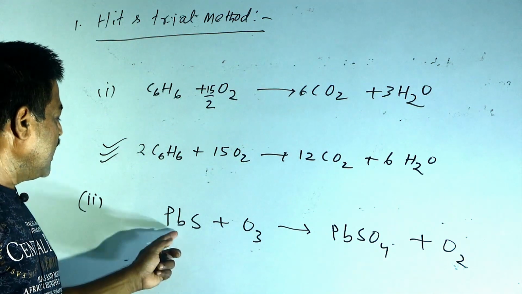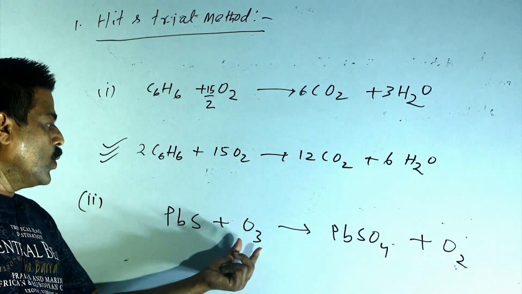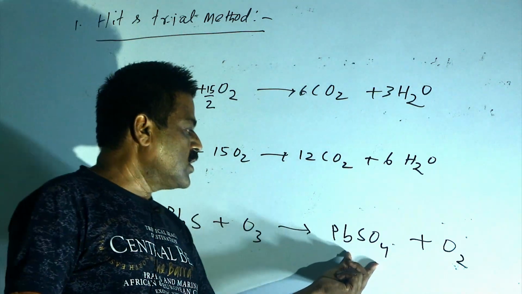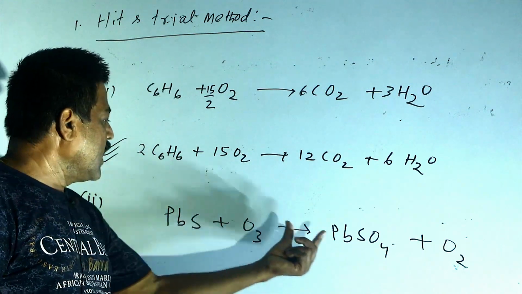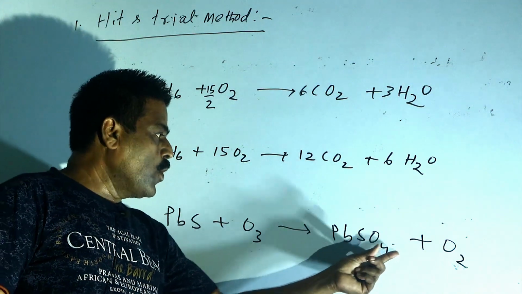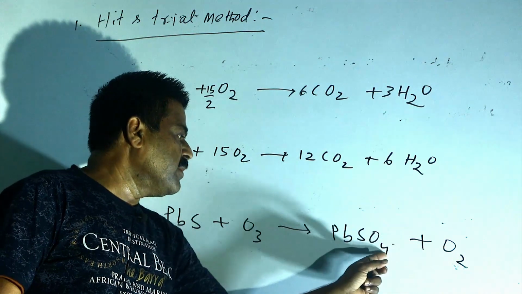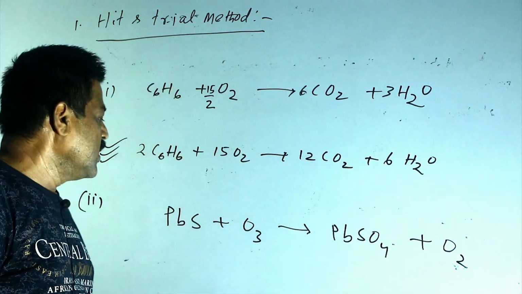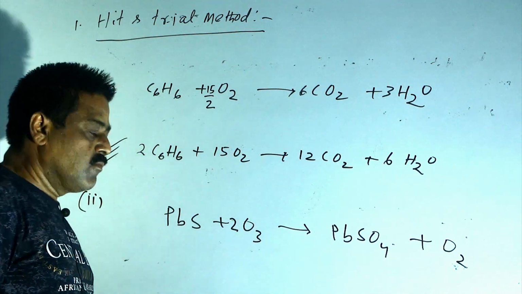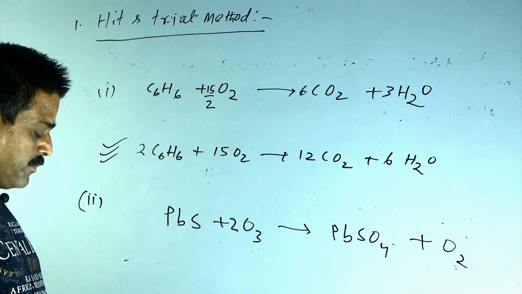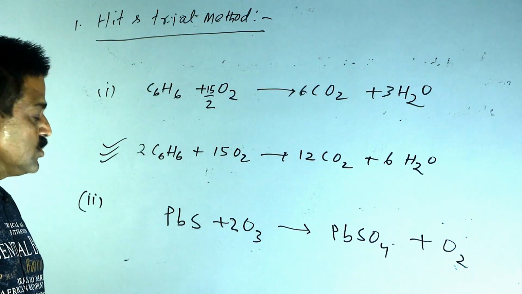Here PbS, lead sulfide, and ozone give lead sulfate and oxygen. Here PbS is there, again PbS is there. O4 and O2 altogether become 6 oxygen atoms. Here is 3 oxygen atoms, so simply multiply by 2 here to give 2O3. Then it is said to be a balanced equation.